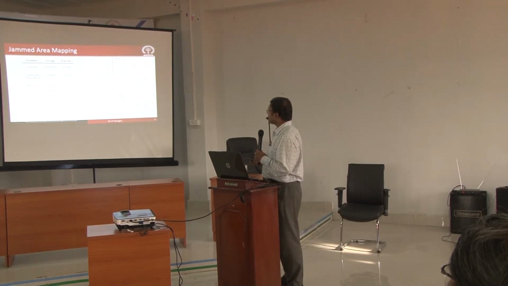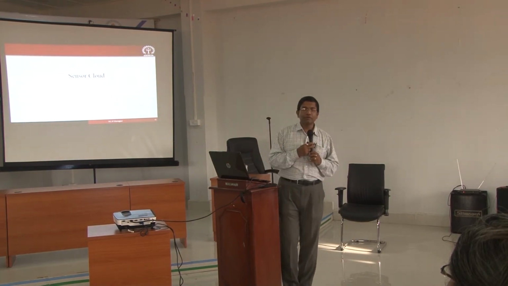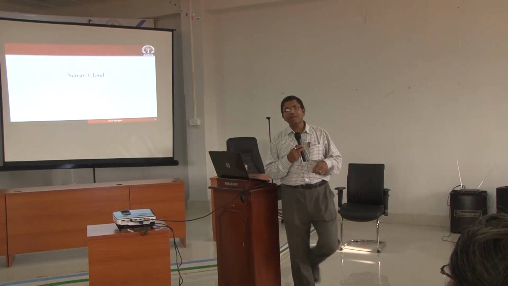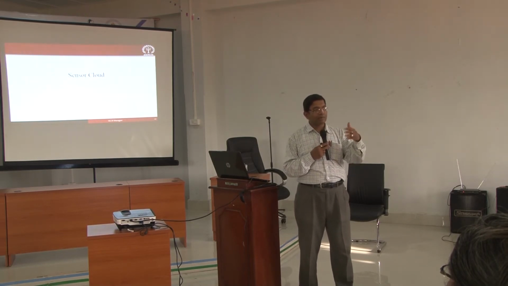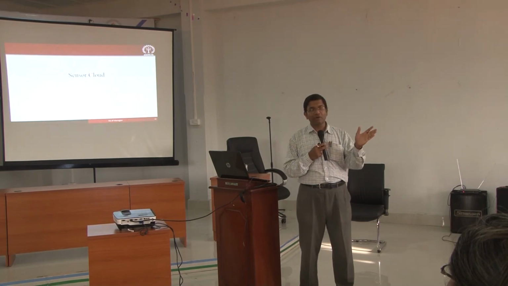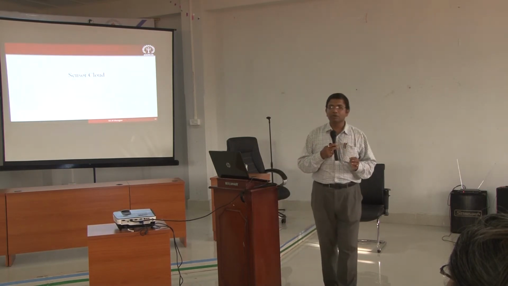Then jammed area mapping: which area is being jammed, and how much is the intensity. And also jammer tracking. First you have to identify where the jammer is, and then the jammer may be moving, not staying at one place. So once the jammer moves, again you have to follow the jammer as well. So tracking the jammer is another very important problem.